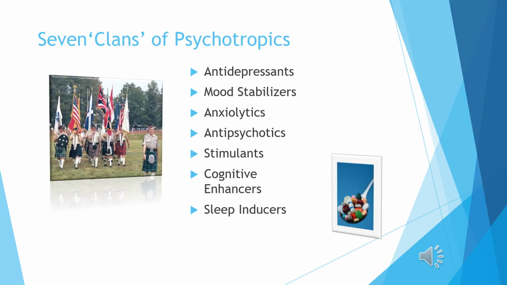The antidepressants, mood stabilizers, which are for bipolar illness, the anxiolytics for anxiety disorders, obviously the antipsychotics for schizophrenia, psychotic spectrum. Then chapter 6 of Preston is miscellaneous disorders. That's stimulants, which are for attention deficit, and cognitive enhancers, which are for the dementias. And then finally, I consider sleep inducers almost a separate category because sleep is such a major issue in our work.